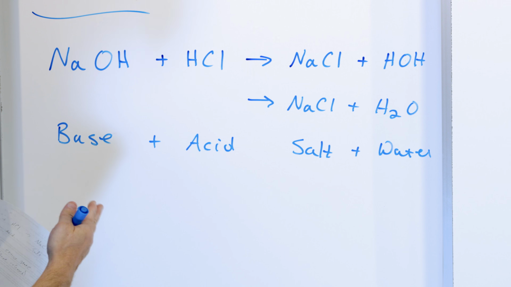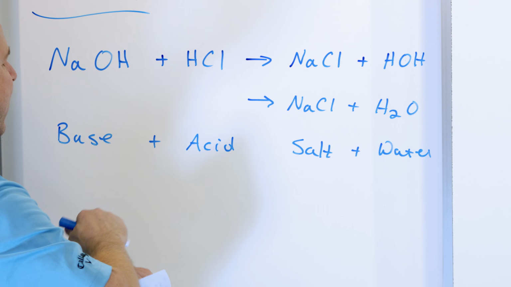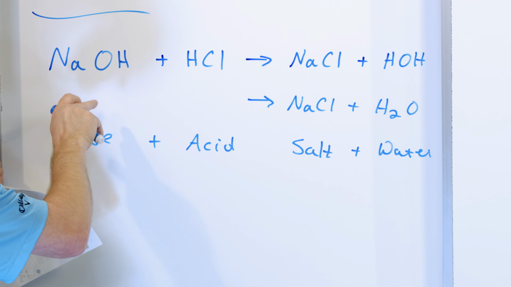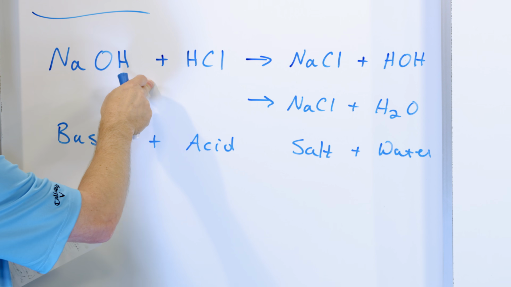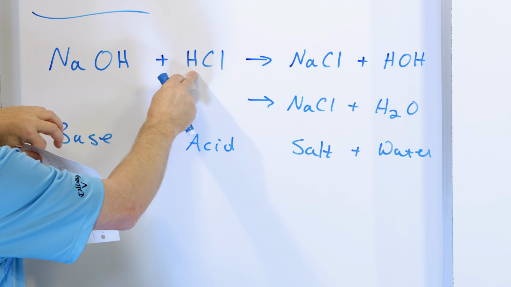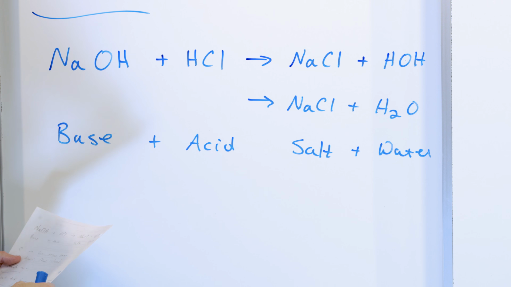And this is what happens over and over and over again. And this happens without an ignition source, without you having to do anything other than mix them together. The protons are coming out here, the hydrogen ions, and the OH is negatively charged, and it's very strongly attracted to the hydrogen ions, making H2O water, and then you have the NaCl, the sodium chloride left over.